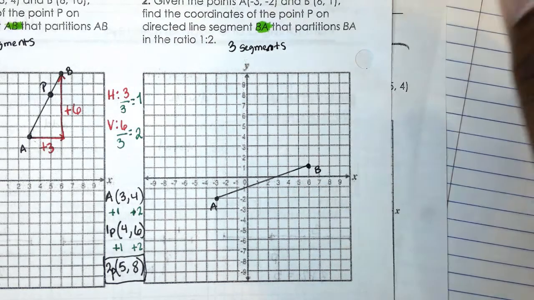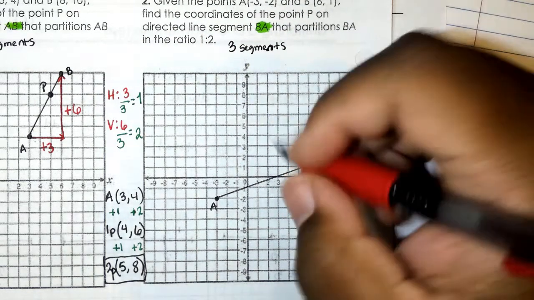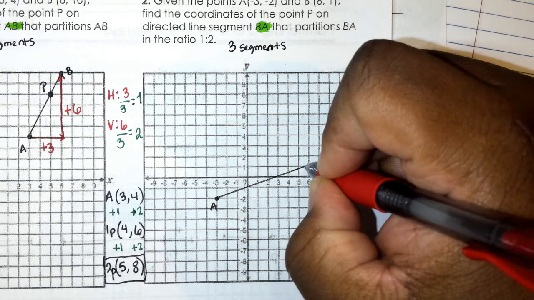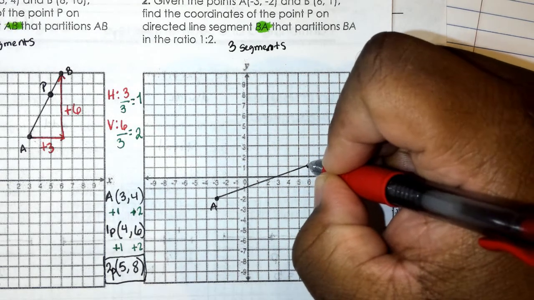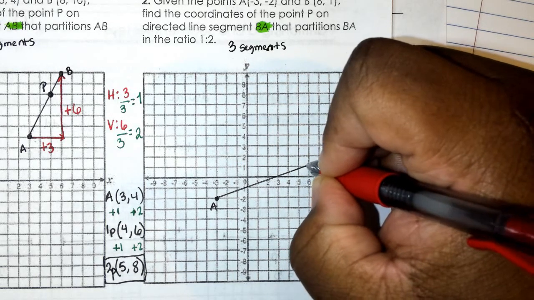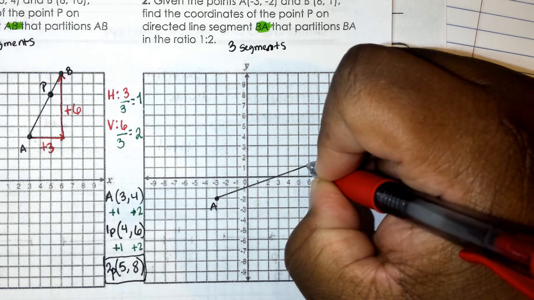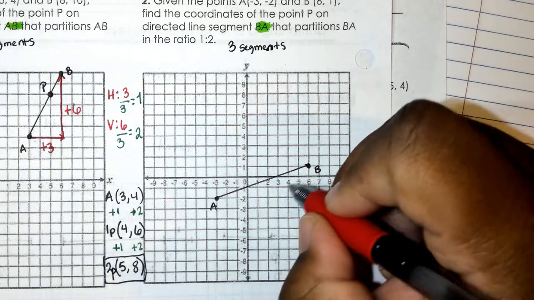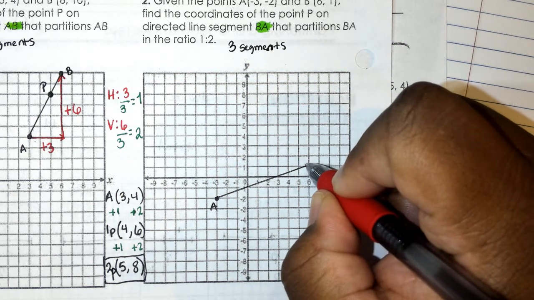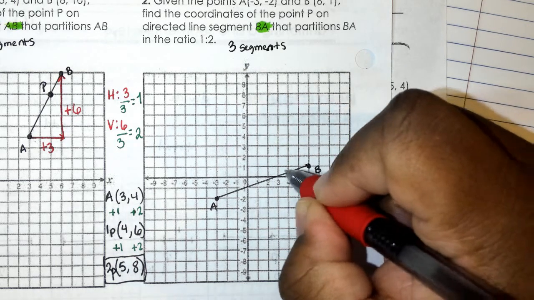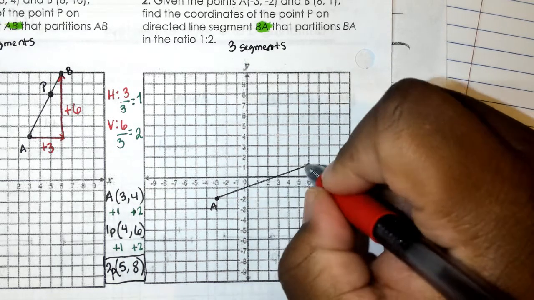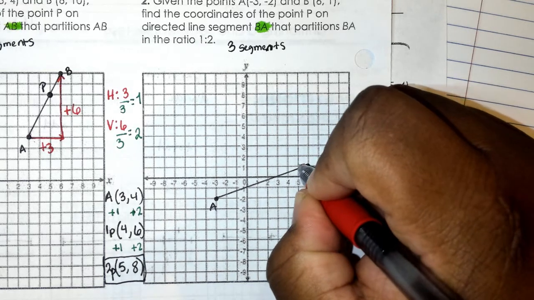So I'm starting at B. Step 2 says make my right triangle by counting my horizontal and vertical distance. But I'm going from B to A. I keep saying that so you understand. I'm starting here and then looking horizontally. I can't go to the right because A is to my left. So horizontally on this one, I'm going to start by going left.